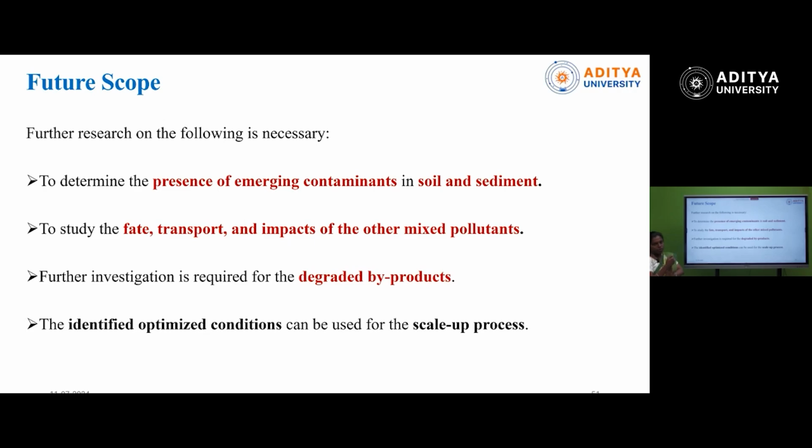I have shown a few in the literature review also. You can see that only a few pollutants were tried. Still more pollutants are there to see what will happen, how they will affect the environment, what the pathway will be, and what toxic products or byproducts will form. So still more research is required in this area.